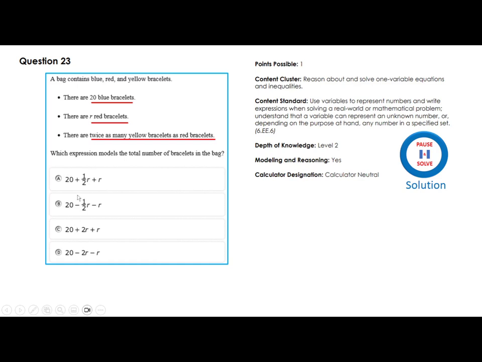So you can't just look at that and find the answer. Let's do this. Blue, red, yellow. Blue I have 20. Red I have R. Yellow I have twice as many as red. And now you have to add them. And you see which one it is, this one here, okay?